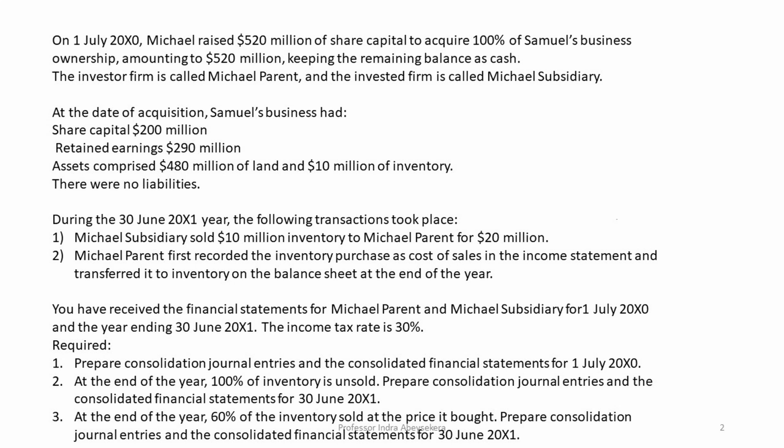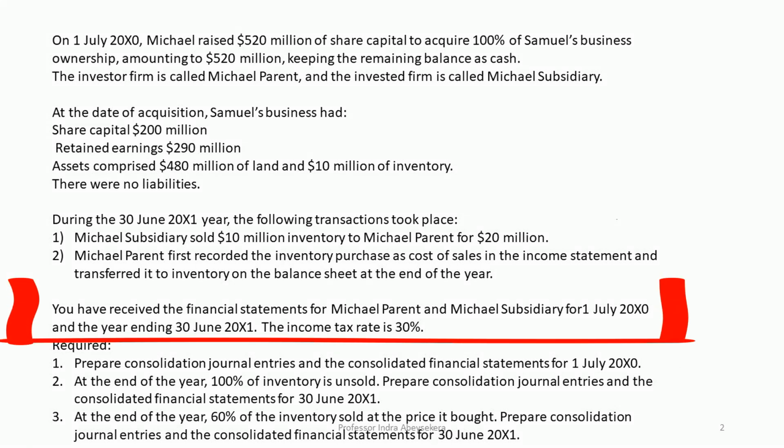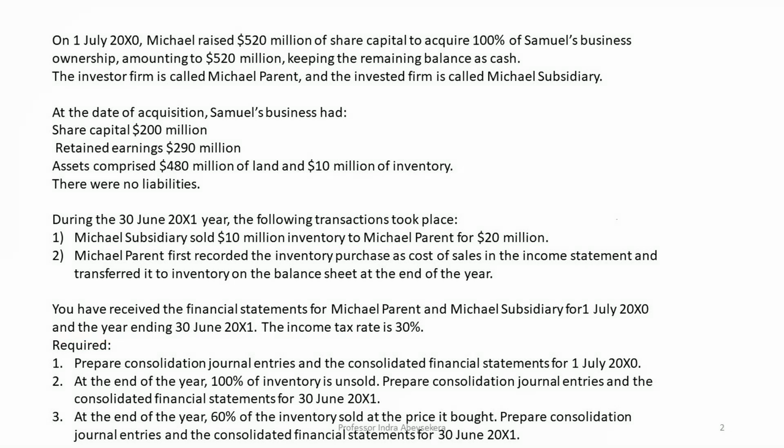You have received the financial statements for Michael Parent and Michael Subsidiary for 1st July 20X0, that's at the date of acquisition, and the year ending 30th June 20X1, that's 1 year after acquisition. Income tax rate is 30%.